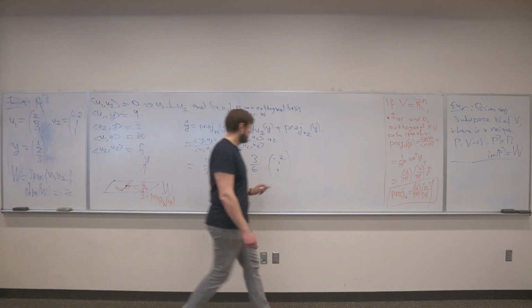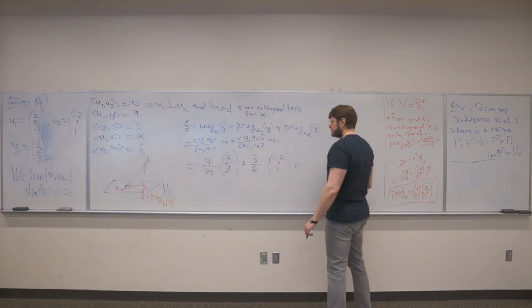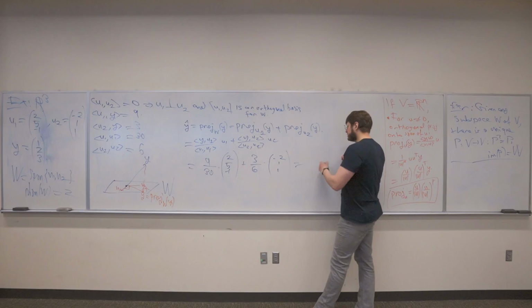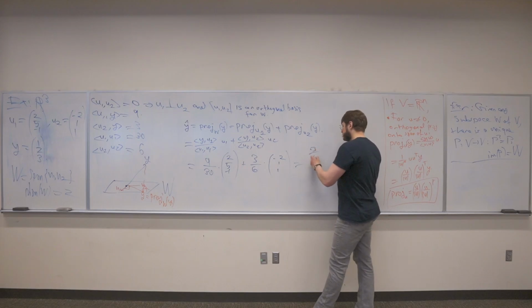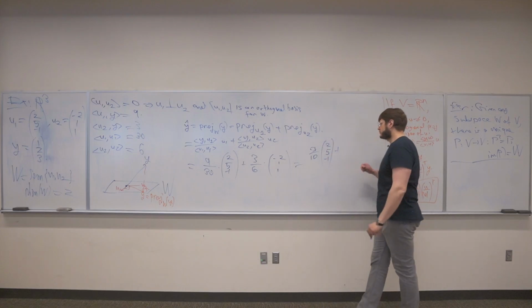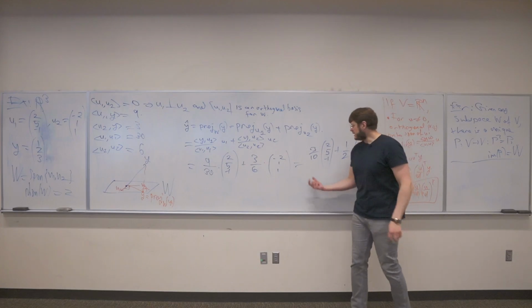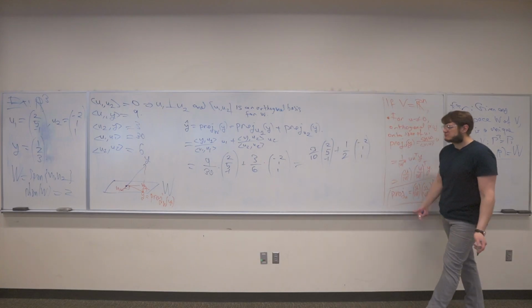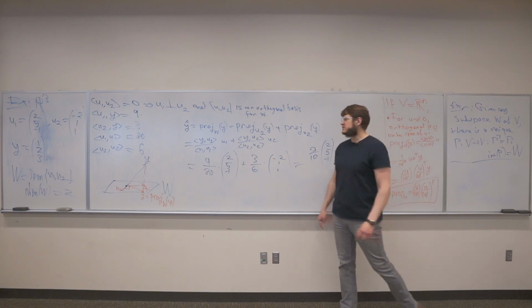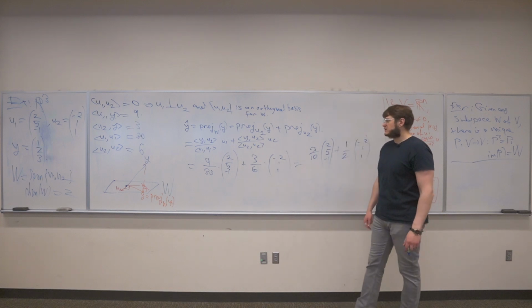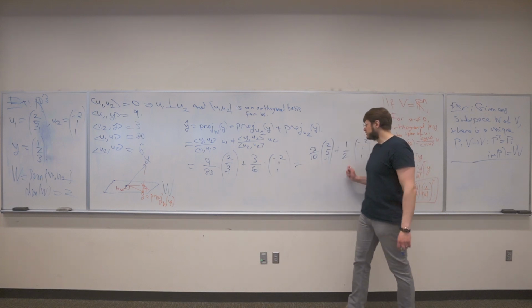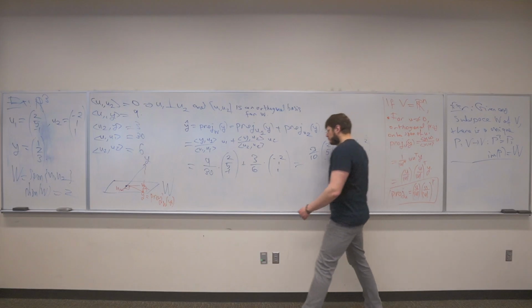Let's just try to simplify this a little bit. Divide that scalar by 3 to get 3 over 10 times (2, 5, -1), plus, of course, 1 over 2 times (-2, 1, 1). And you see this is already in the span of W. You can always check that you're on the right track, because this is a linear combination of u1 and u2, so we can keep going.